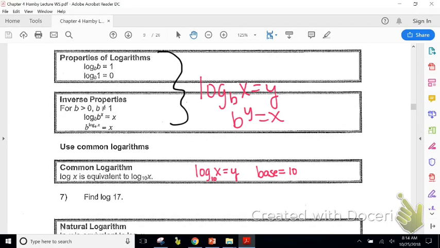I have a log button, so I'm going to hit log, and then it's going to open a parenthesis, and I'm going to put in 17 and close it, and I'm going to hit enter, and it's going to tell me what? Somebody help me? Very long decimal. So 1.23, is there a number after the 3? 0. Okay. So I knew I'd only written 1.23, and I thought it was odd that I didn't go to 3, but that's why.